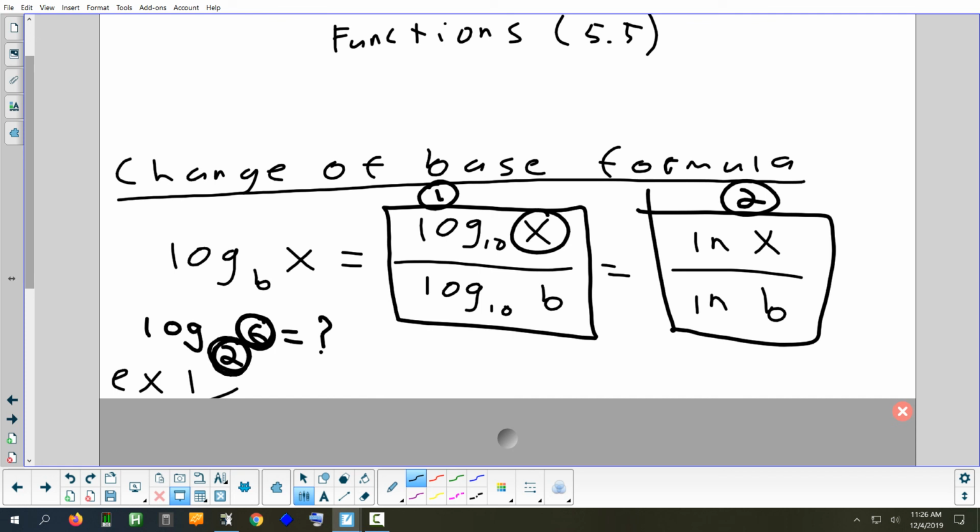This number was lower, so it goes down lower. Right? So that's the change of base formula. Any question on it? Okay, you don't have to know both. 1 or 2 is sufficient. Either one.